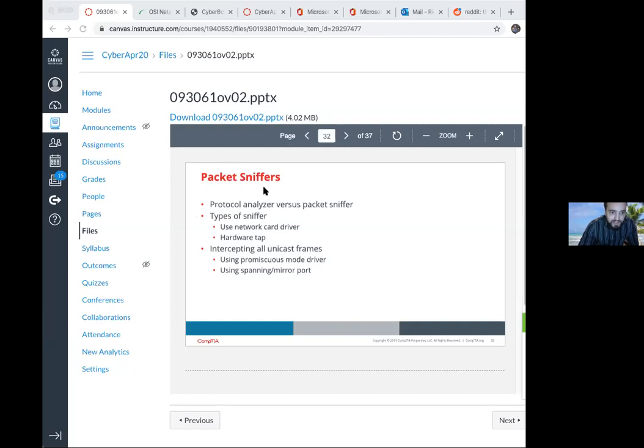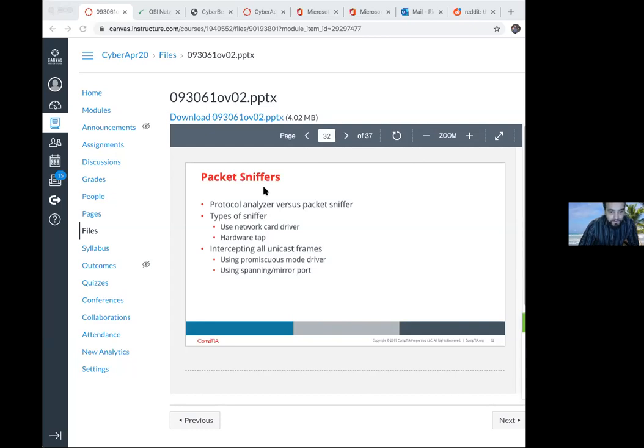Most packet sniffers can work in promiscuous mode, and so they'll capture a lot of traffic that may not necessarily be meant for them. So that's what promiscuous mode is. Or you can use mirrored ports.